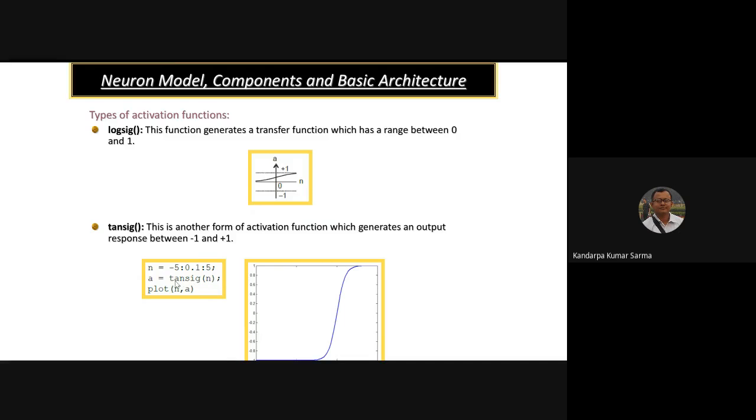We can regulate the range also, but if we take a vector n from say -5 to +5 with a gap of 0.1, we can use the tansig function to generate a tan sigmoidal function that will look something like this.